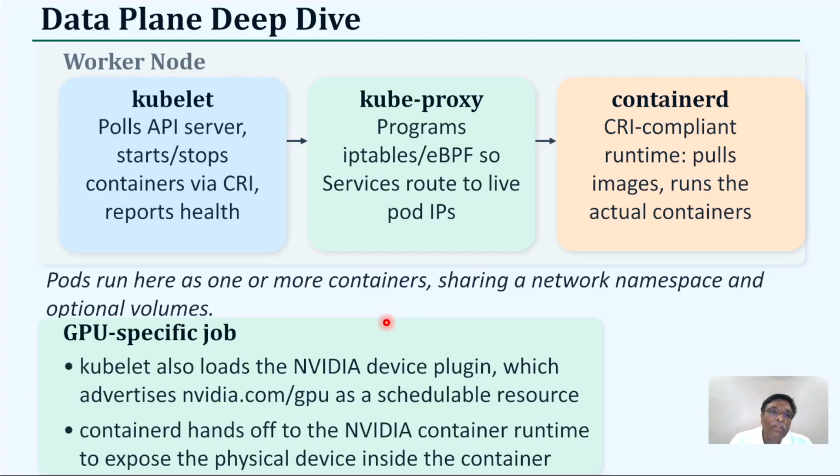So kubelet polls the API server, tries to understand, and it can also load the NVIDIA device plugin, and then it advertises GPU as a schedulable resource, and then the container hands off to the NVIDIA container runtime, and it exposes the physical device inside the container.